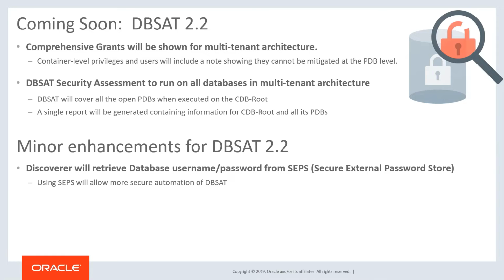The first, and for a lot of people this is of huge importance, is you can now run Database Security Assessment Tool from the container, and it will traverse into all pluggables that are open and attached to that container. So you can get a single report for not just the container, but for all the pluggable databases, one report run at one time. That's pretty important.